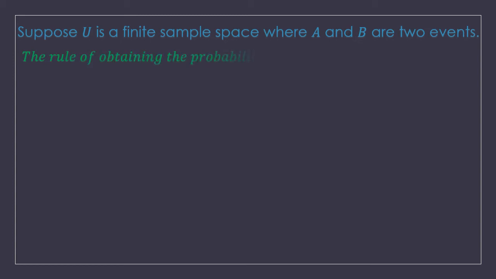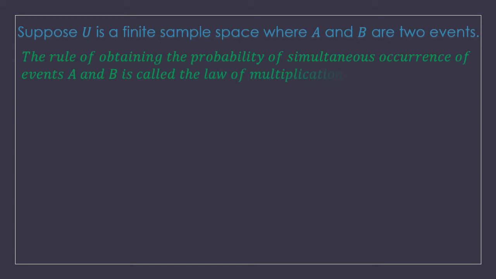Let's suppose U is a finite sample space where A and B are two events. Then the rule of obtaining the probability of simultaneous occurrence of events A and B is called the law of multiplication of probabilities. That means the law of multiplication of probability is the rule where the events A and B occur simultaneously.